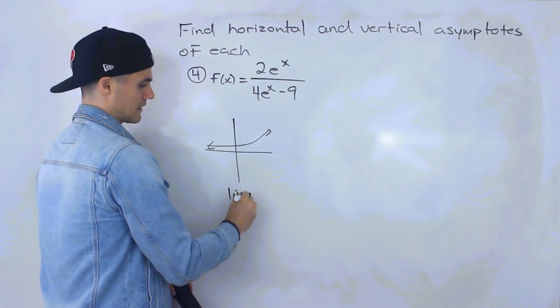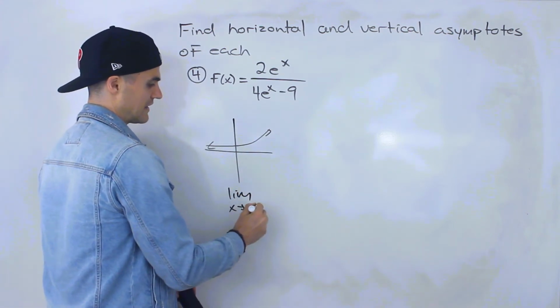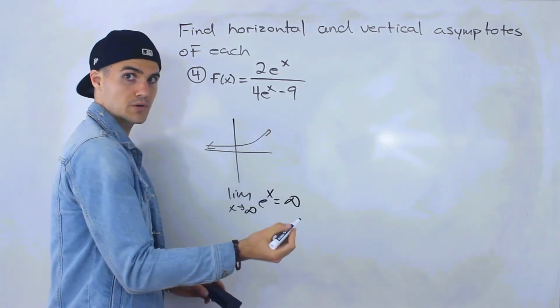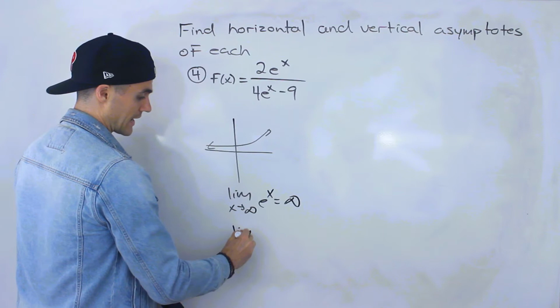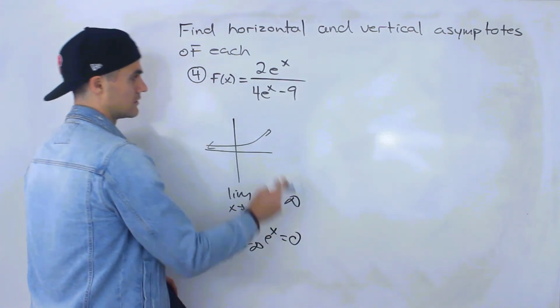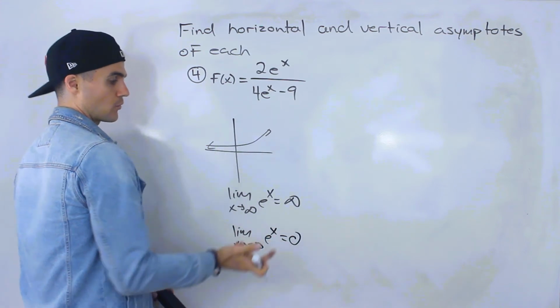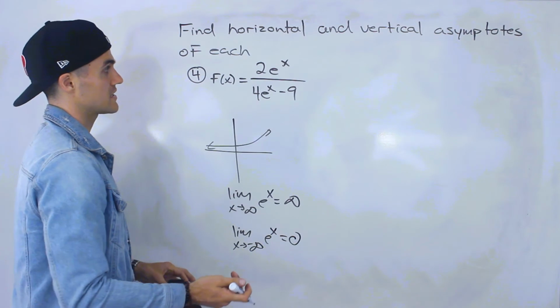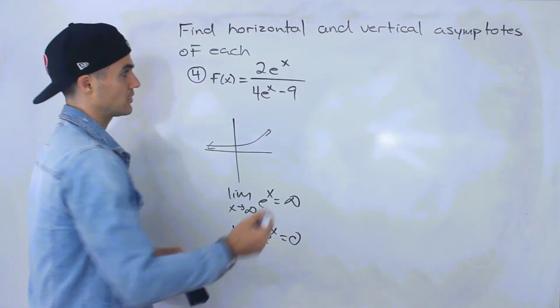So the limit as x approaches infinity of e to the x is equal to infinity. The y values are going towards infinity. But the limit as x approaches negative infinity of e to the x is going towards 0. The y values are going towards 0. And that's going to be important for this here. So we got to do two separate limits here.